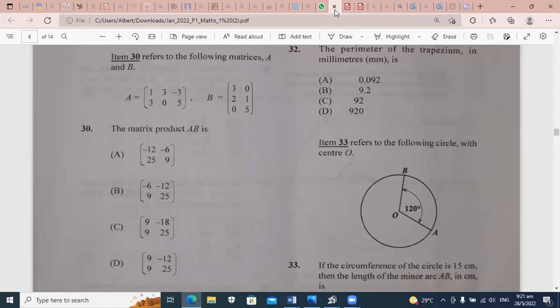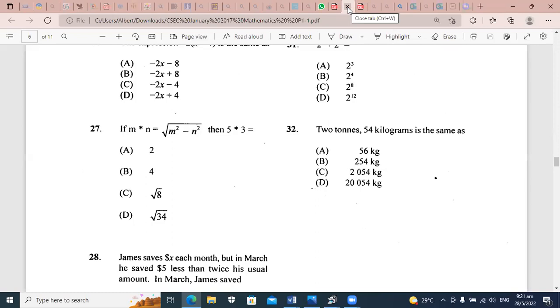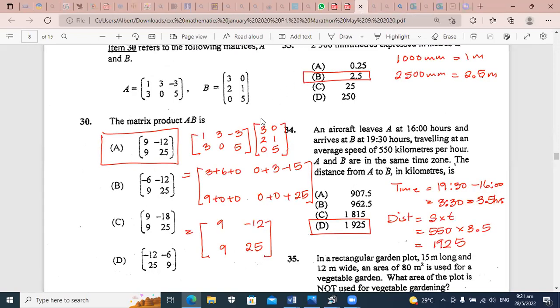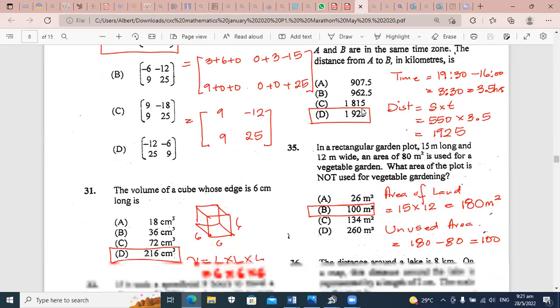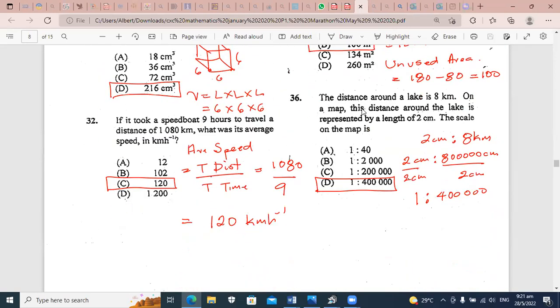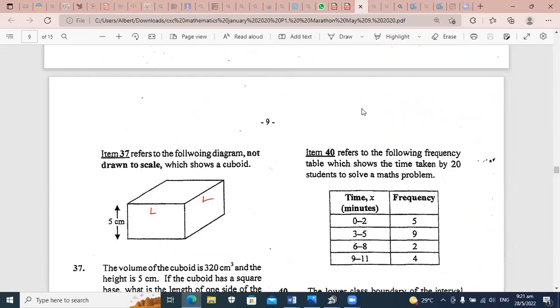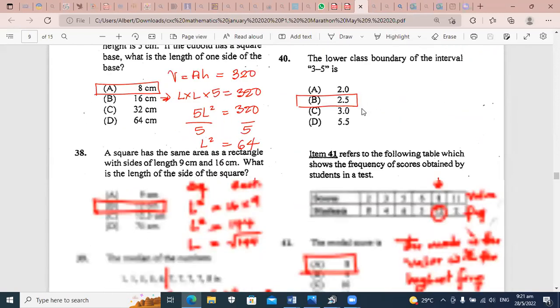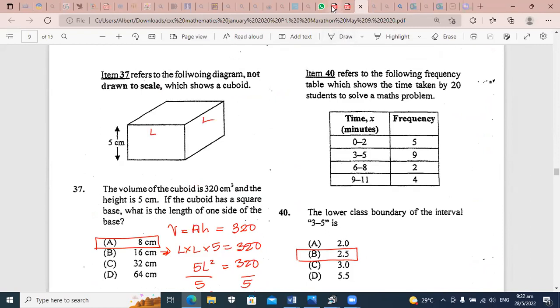This question is January 2022, and this one is May 2020. Same question, but guess what? They put the answer at A. I didn't realize that this person actually worked this out for you guys, which is really, really cool.